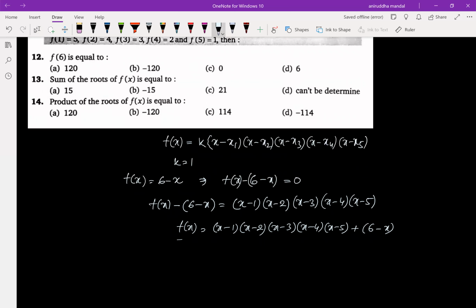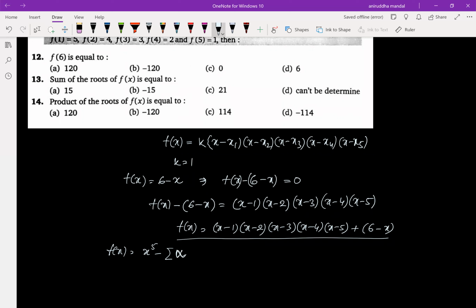So this is our desired 5-degree equation. So f(x) is x to the power 5, then sigma of all the values of the roots. So this is, let's say, 1, 2, 3, 4, 5. So sigma 1.